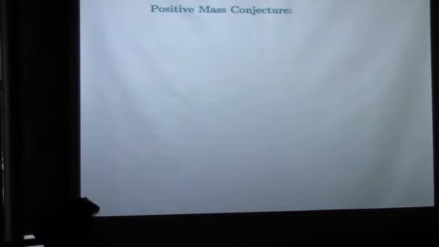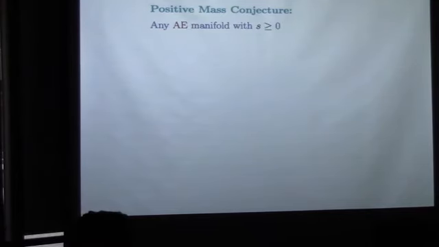All right, so this notion of mass, when it was shared with the mathematical world, came equipped with a conjecture. The positive mass conjecture is that any asymptotically Euclidean manifold with non-negative scalar curvature has non-negative mass.